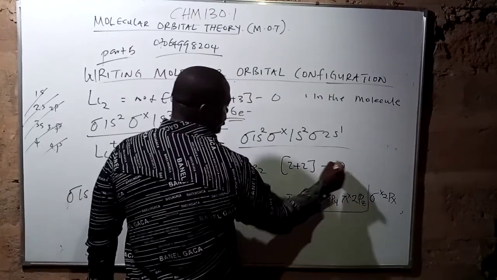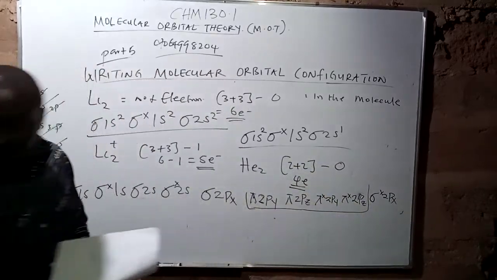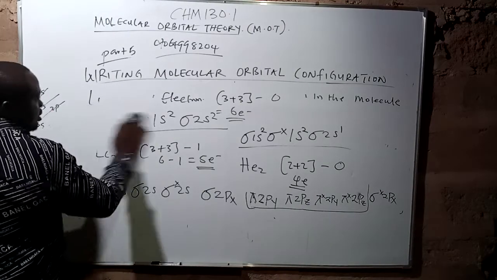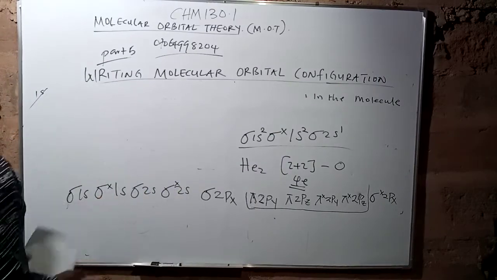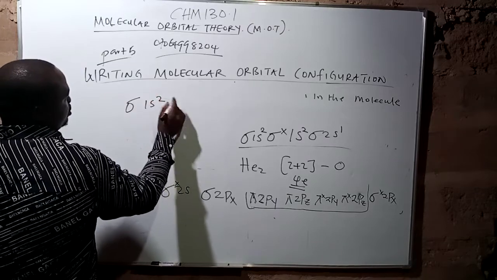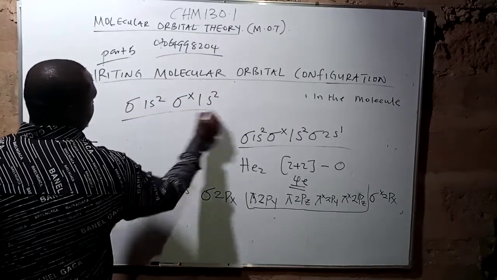Of course no, so 0. So this will give you 4 electrons. And so if I ask you to write the molecular electronic configuration of that helium, which is 4, it is simply sigma 1s2 and then antibonding sigma 1s2, right? That is 4.